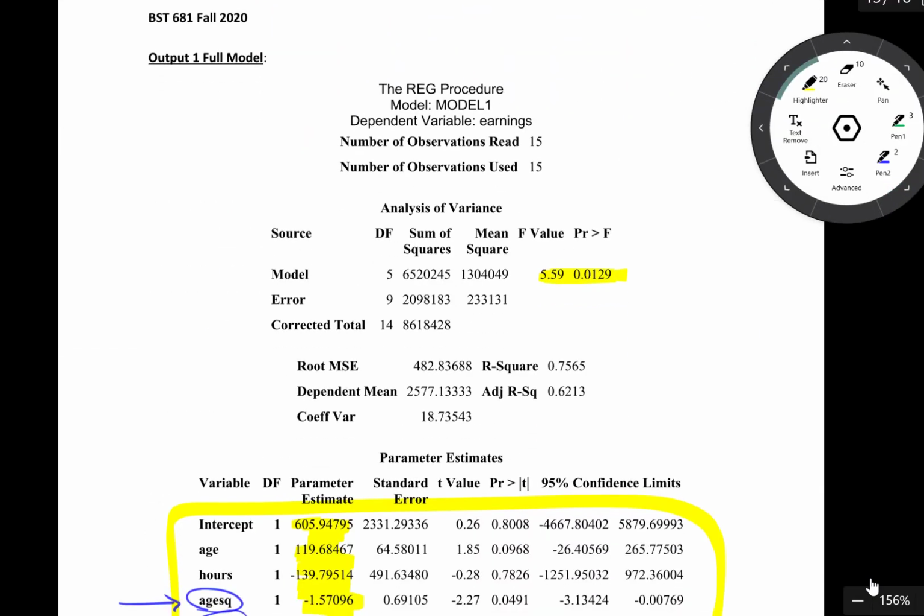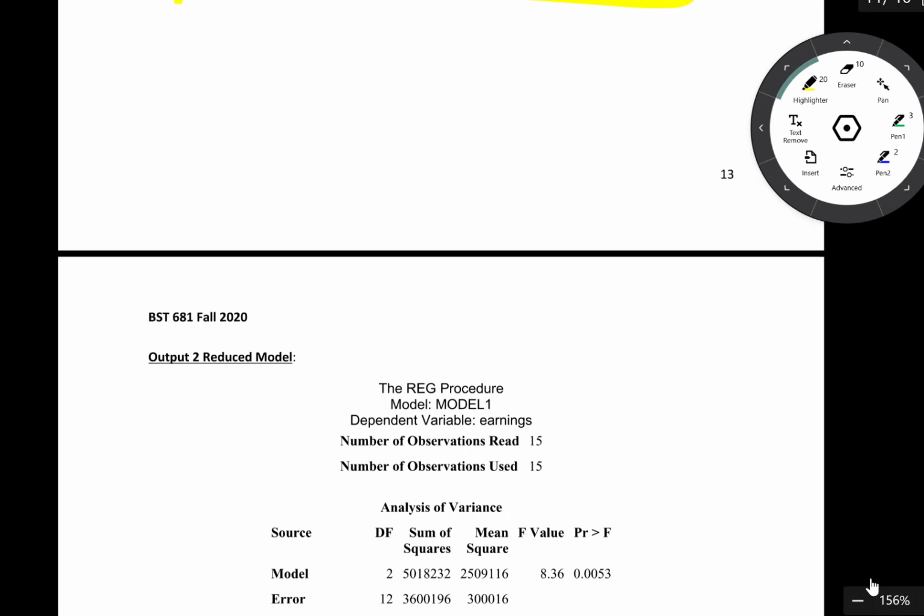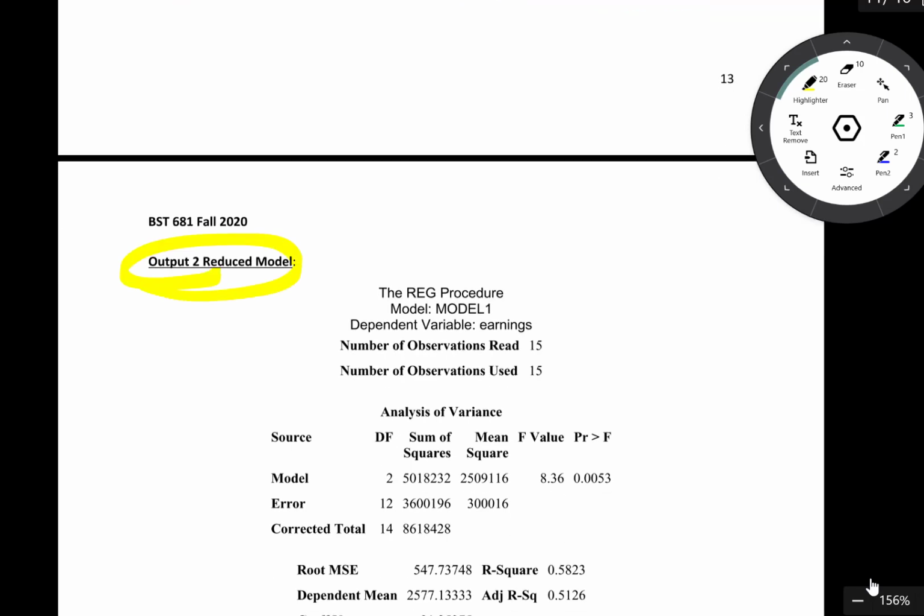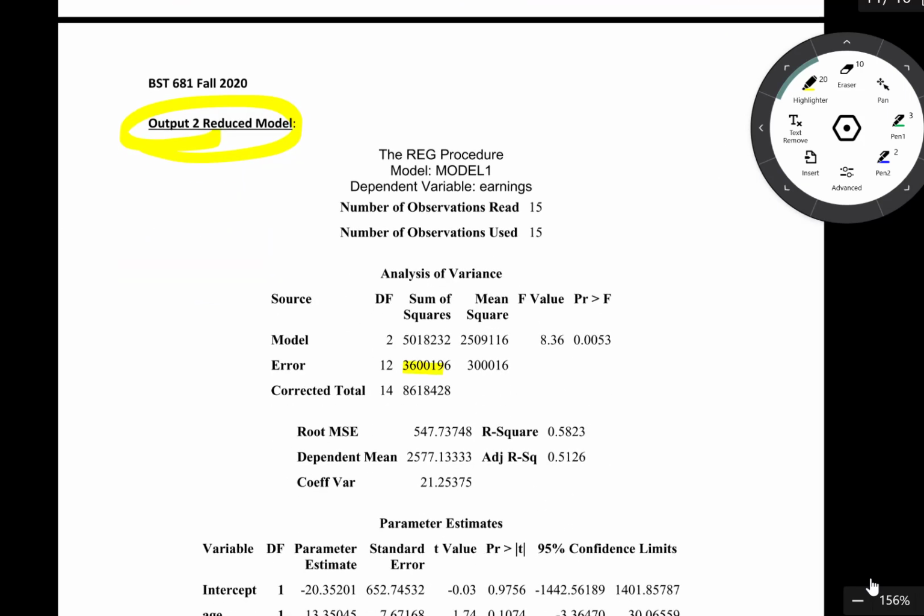So just as a reminder, some of the things that we need are going to be the SSE and the MSE for the full model. And then notice if you go down to the next page, I've actually already given you the output for the reduced model. So here you have the SSE for the reduced model.